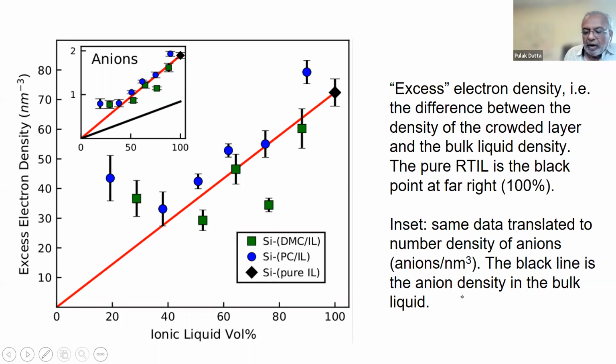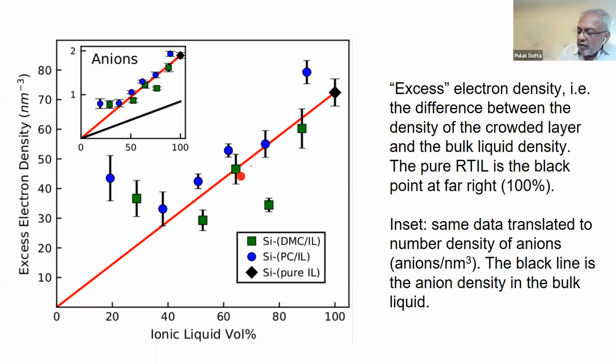And this will require a little bit of an explanation. What you're seeing here is raw data. It's excess electron density. It hasn't been interpreted in terms of the charges and how many anions and how many cations.